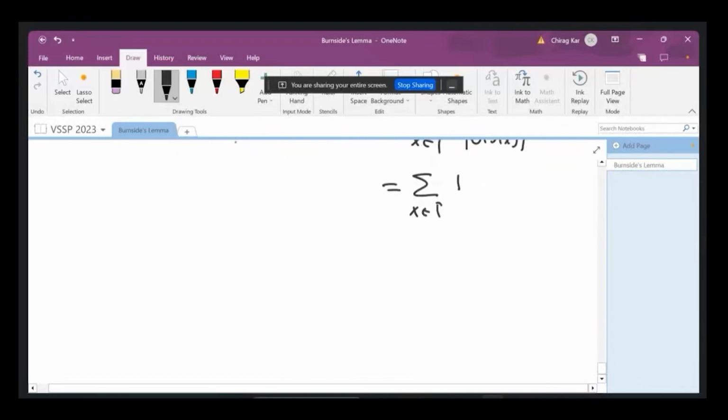Now if X is in the transversal, the number of terms in this summation is the same as the number of orbits, because those are the number of representatives that we take in the transversal. So this basically gives us the cardinality of X by G, which is what we wanted initially. And that, I think, finishes the proof. Any questions at this stage? Please feel free to ask.